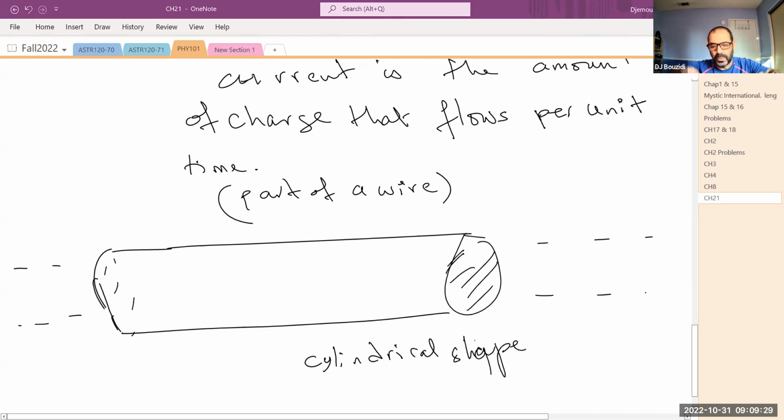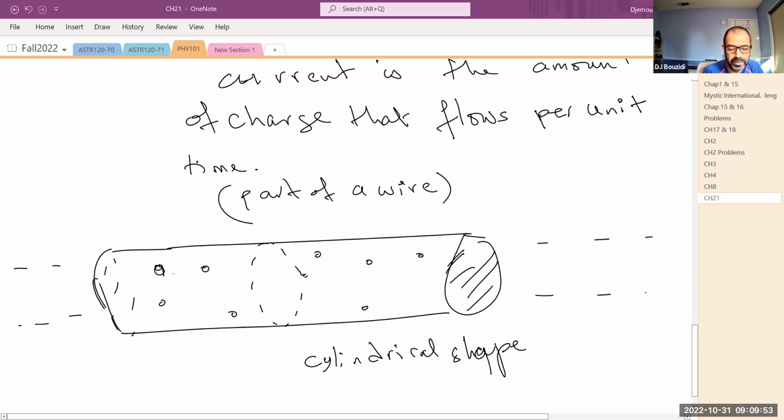Obviously, you can twist the wire whichever way you want. If I take a region of space in here, it doesn't matter which, and see how many charges I have in here. Typically, I'm going to take, for example, a charge Q and monitor it.